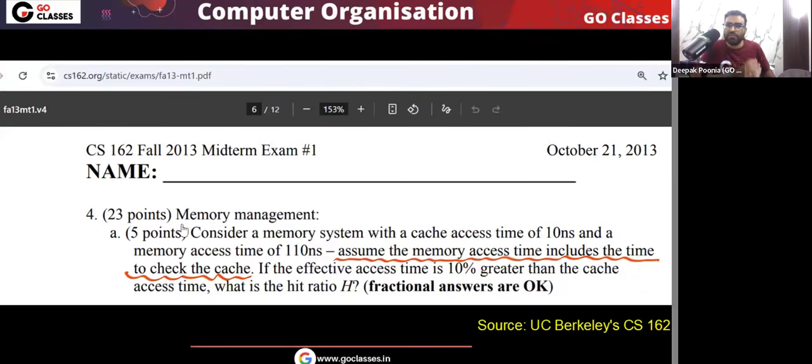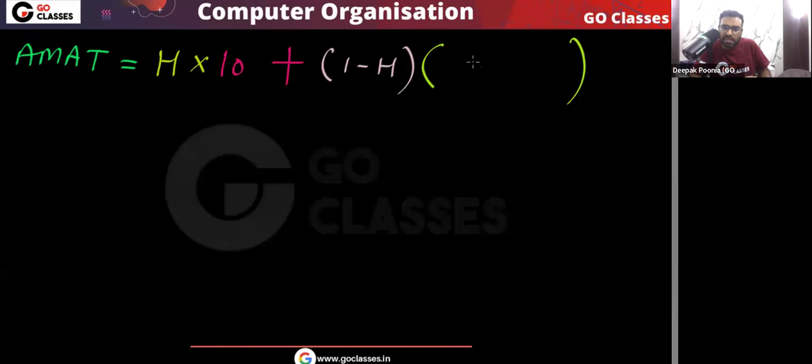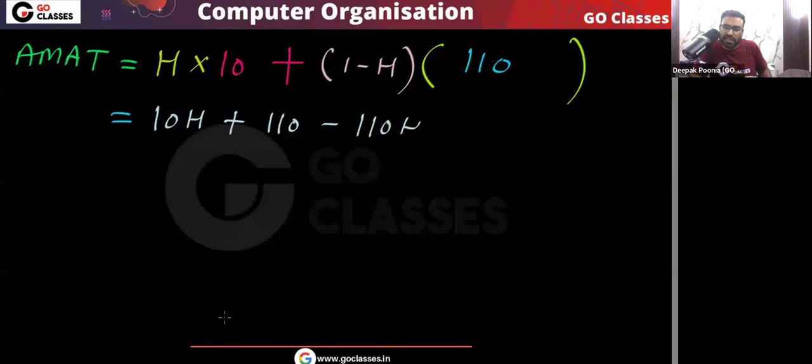So if the requested data is not in the cache, what is the total access time seen by the CPU, the miss time? That is basically 110 here. Yes or no? So very simple: miss rate multiplied by 110. Finally, it will be 10h plus 110 minus 110h.